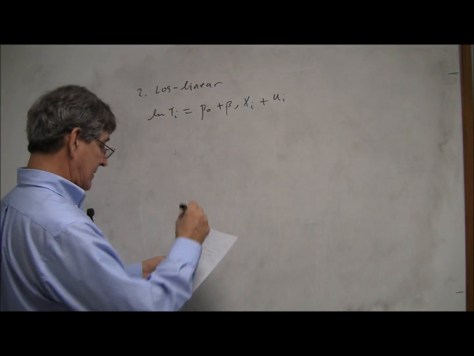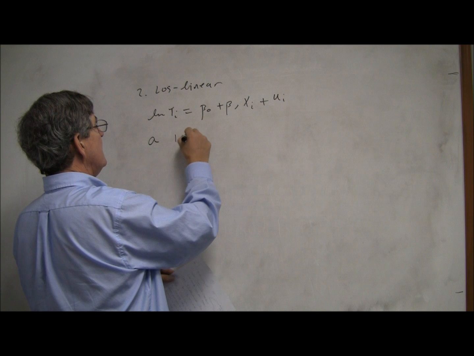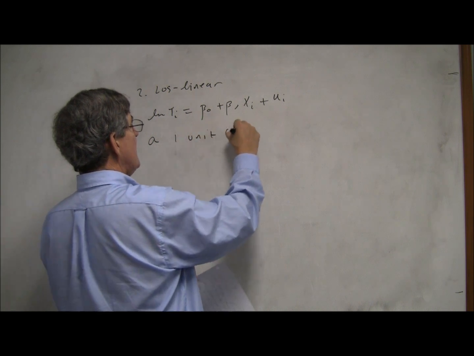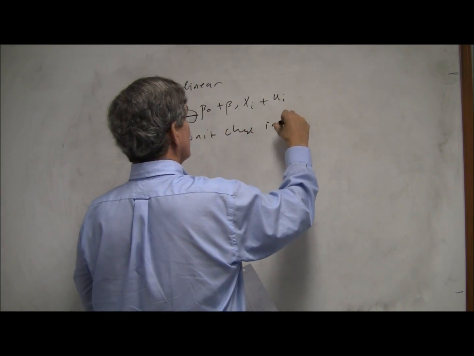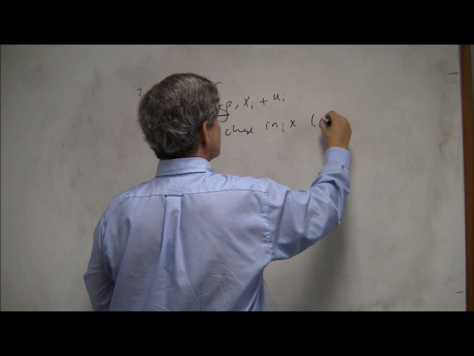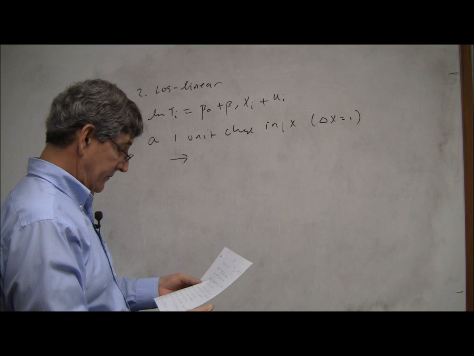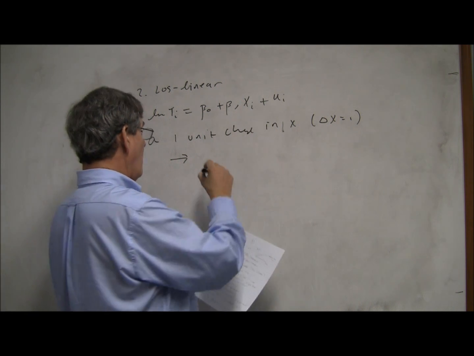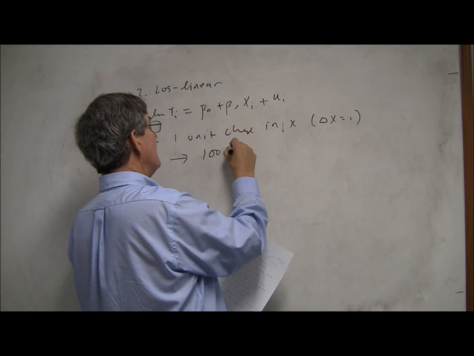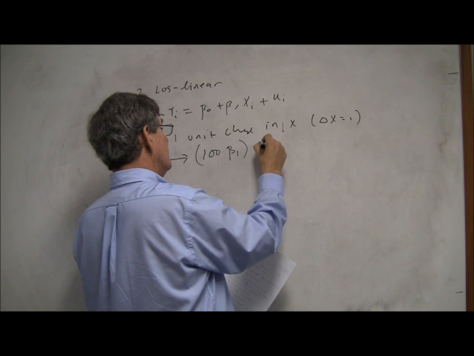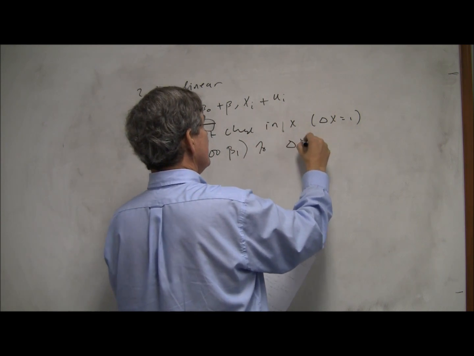In here, a 1 unit change in x, that is delta x equals 1, gives a 100 times b1% change in y.